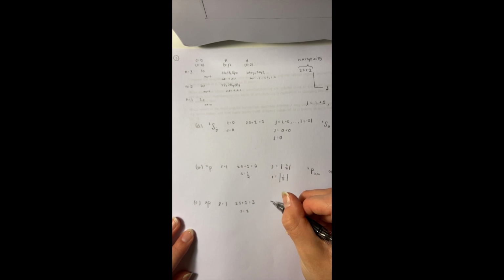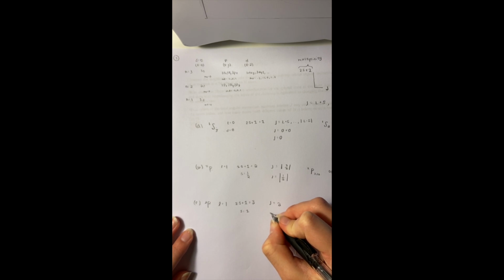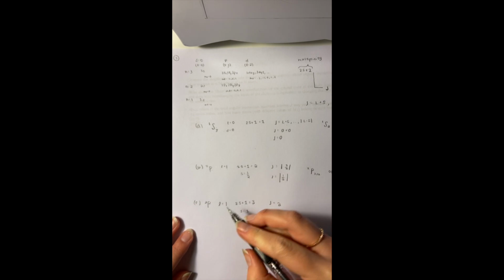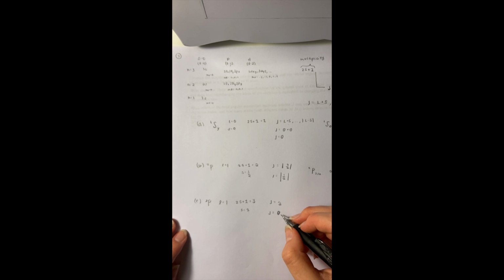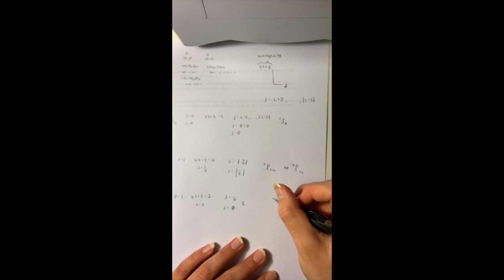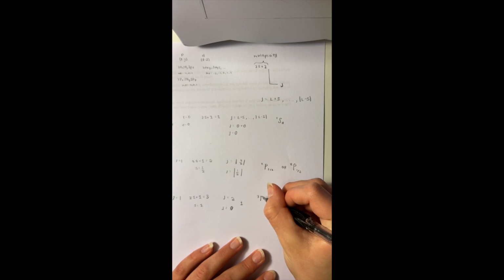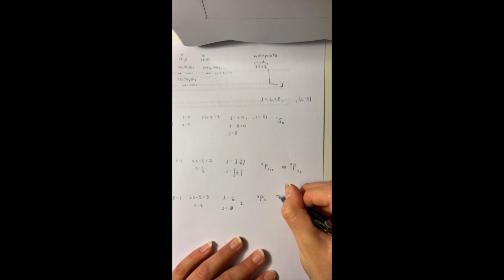So what we're going to do, again, is J equals L plus S, 2. And our J can also equal L minus S, which is going to be 0. So these two J values have an integer value in between them, which is the number 1. So we can have 3 atomic term symbols here: 3p2, 3p1, and 3p0.